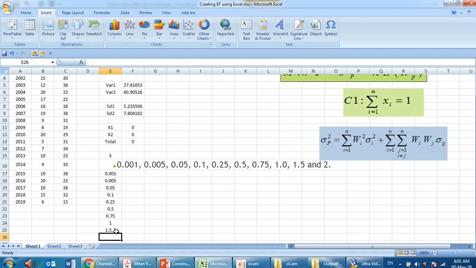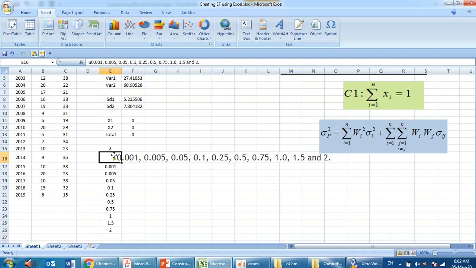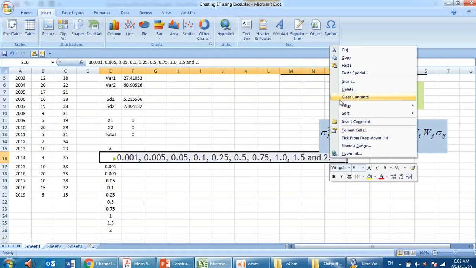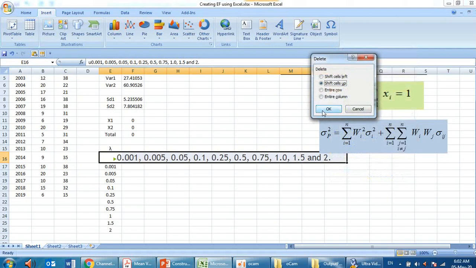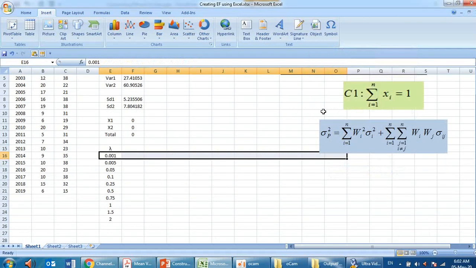These are arbitrary values. It's not necessary that you take these values. You can take other values also, just for ease. Oh, sorry.